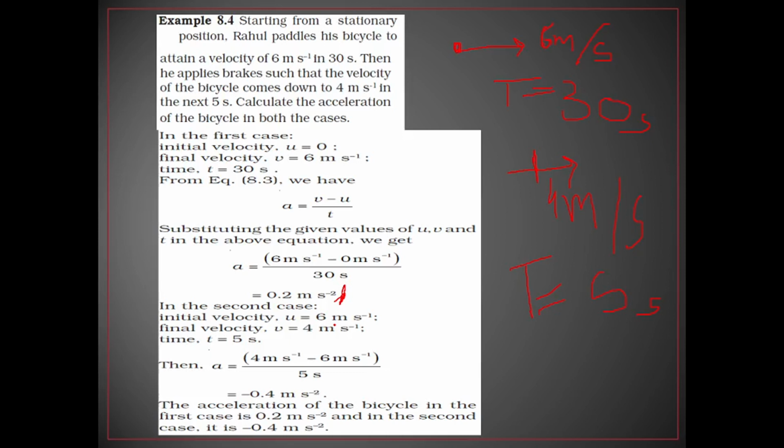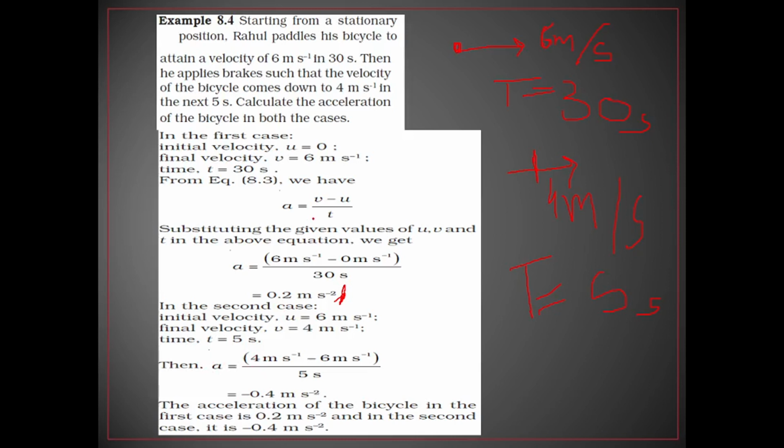Initial velocity 6 meter per second since he attained the velocity of 6 meter per second, and then he is applying brakes. Final velocity is 4 meter per second since he applied brakes and attained a velocity of 4 meter per second. Time taken is 5 seconds. So acceleration here is 4.